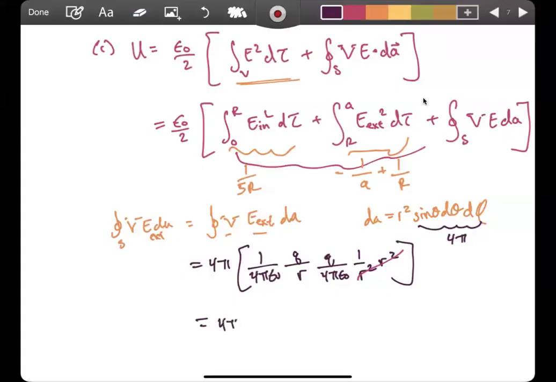I'm going to get a 4 pi times q divided by 4 pi epsilon naught, quantity squared, 1 over r. Right. Now, putting all my pieces together, I'm going to get that my potential stored, or my energy stored, is going to be epsilon naught divided by 2 times.